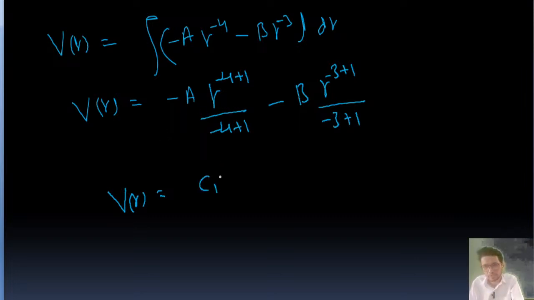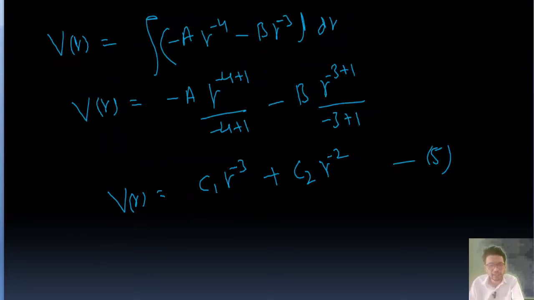So this value is going to be C1 r to the power minus 3 plus C2 r to the power minus 2. Right? So this is the V(r). This is equation number 5.